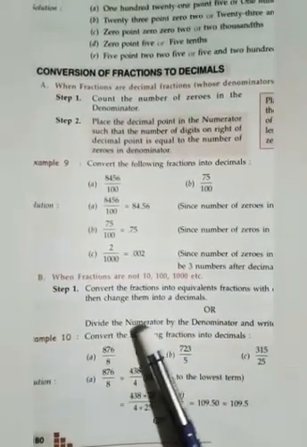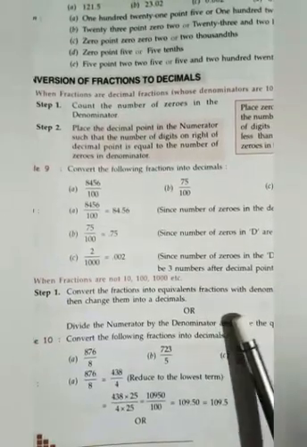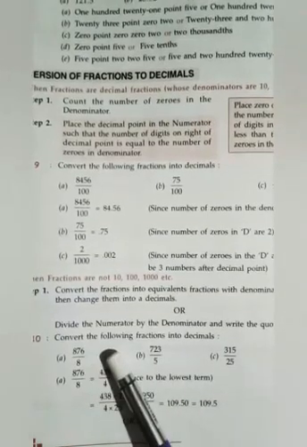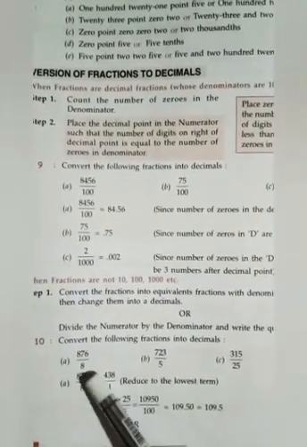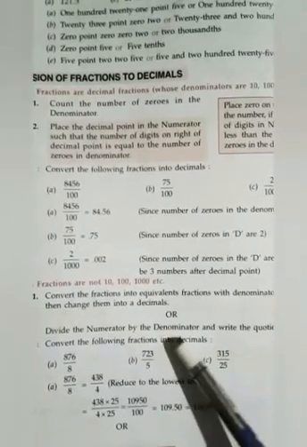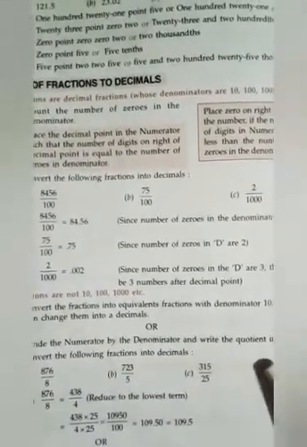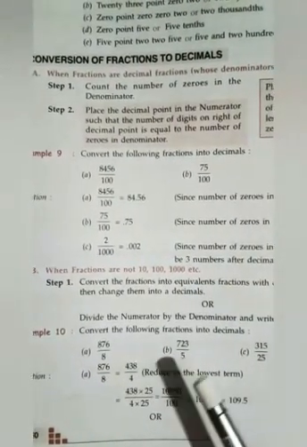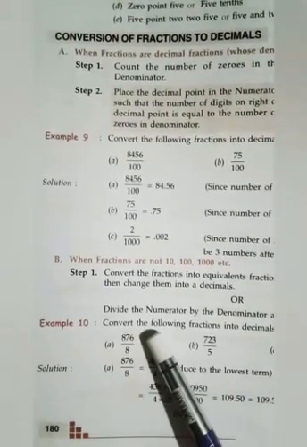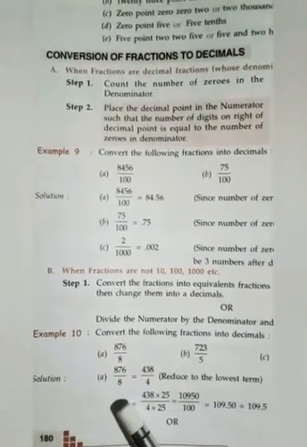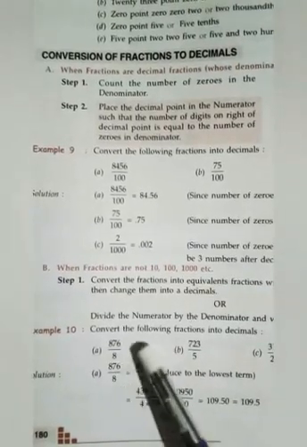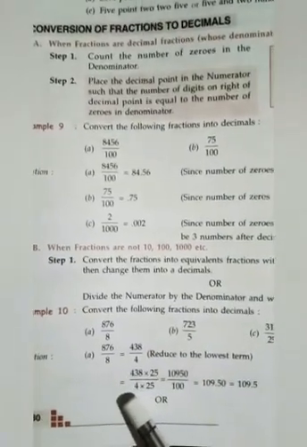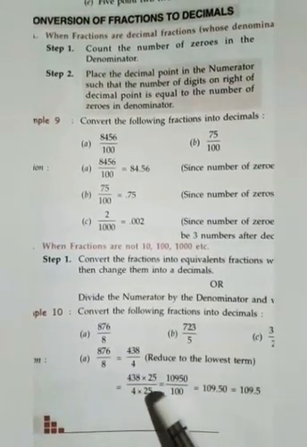Then when fractions do not have denominators 10, 100, 1000 etc. Step 1: convert the fraction into an equivalent fraction with denominator 10, 100, 1000 etc. and then change it into a decimal, or divide the numerator by the denominator and write the quotient in decimal form. For example 10, convert the following fractions into decimals. 876 by 8. Here we have to reduce it to 438 by 4. Then 4 multiplied by 25 equals 100.